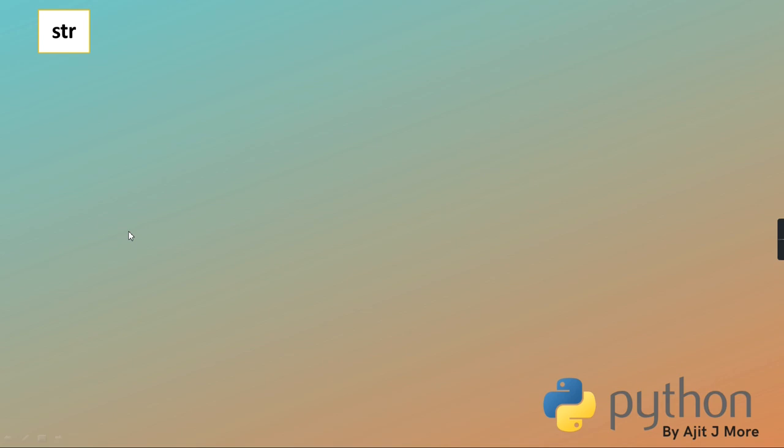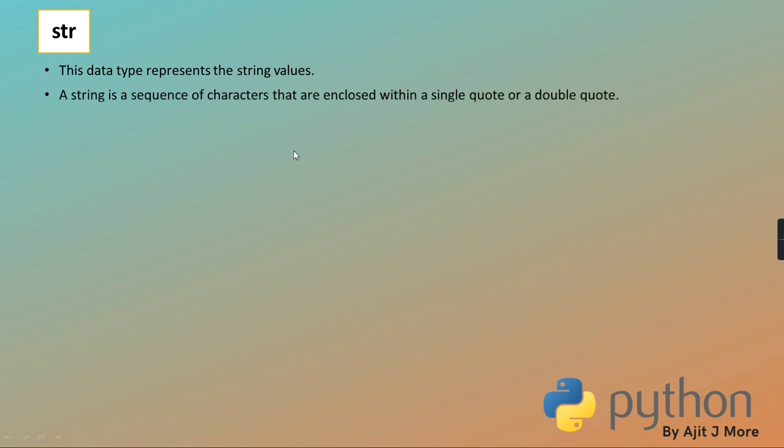Now just understand the data type string. This data type represents string values. And what are strings? I hope you know. It's a sequence of characters enclosed within single quotes or double quotes. A single character is also a string object only.